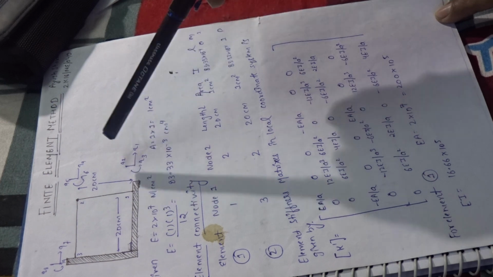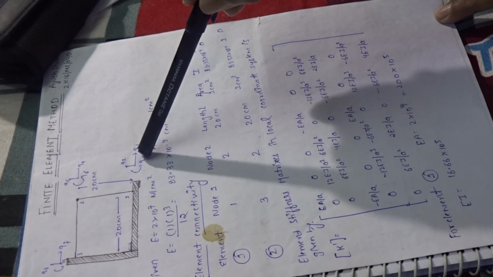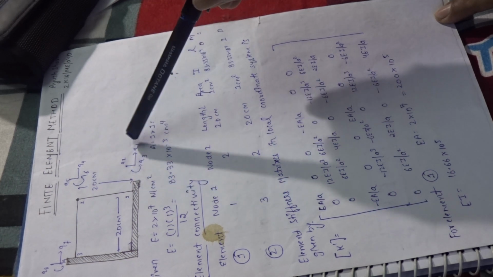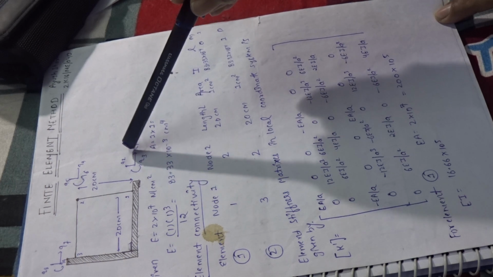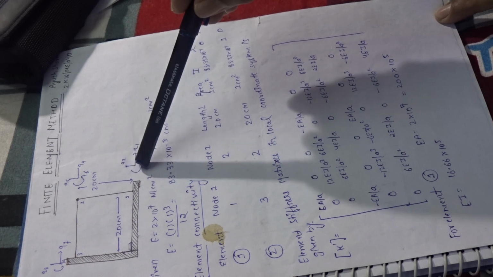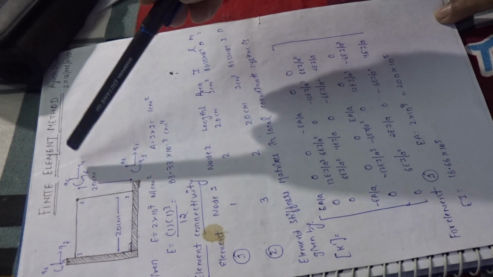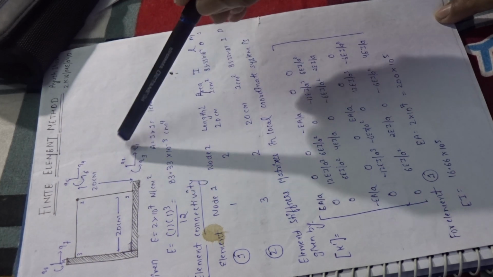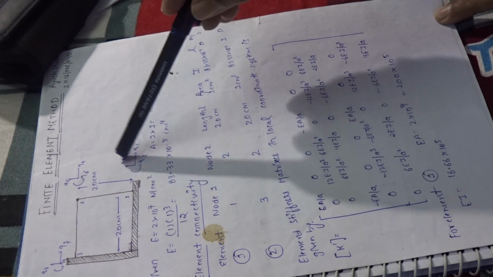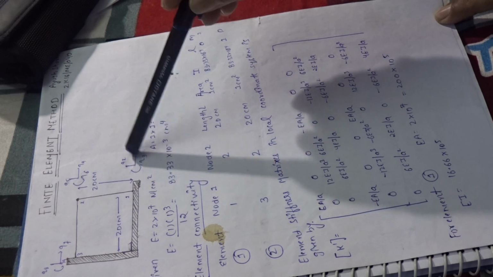For node 1, the degrees of freedom he has mentioned are q1, q2, q3. You can also write U1, W1 and theta 1 similarly, or you may use this convention also. I will explain this question's solution with this convention.